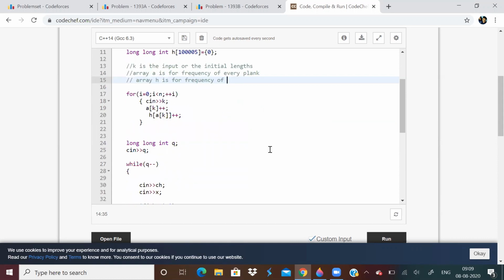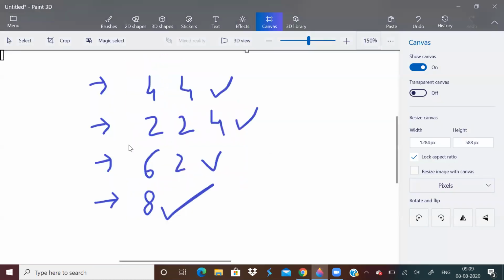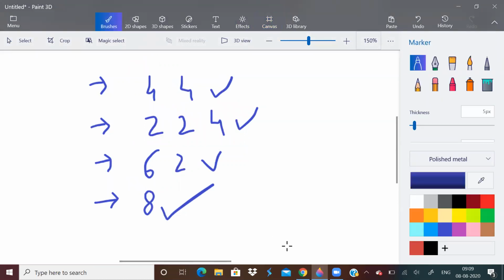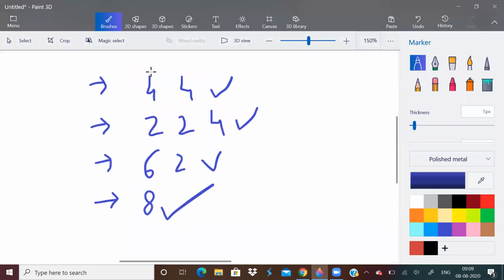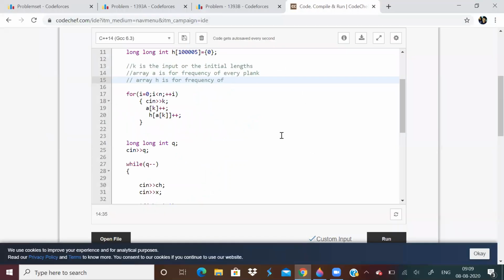Array H, what is it? I think you have guessed it. Array H in my code is to find how many elements have a frequency 4. So basically it's like frequency of elements. I hope you're understanding.